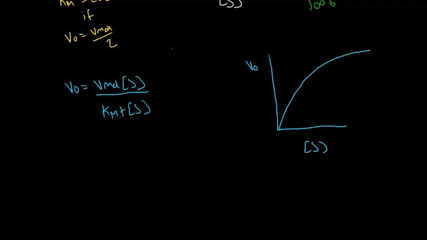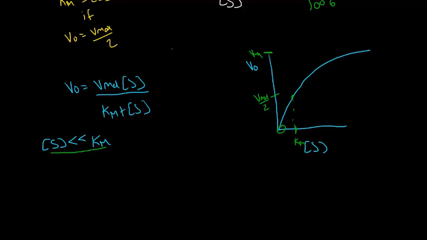The first situation is when the concentration of substrate is much, much smaller than our Km. If on our plot here we estimate V max to be here, this is V max over 2, so then this would be our Km. In situations where the substrate concentration is much lower than Km, so we're way down here, what can we learn about the kinetics of this reaction under these conditions?